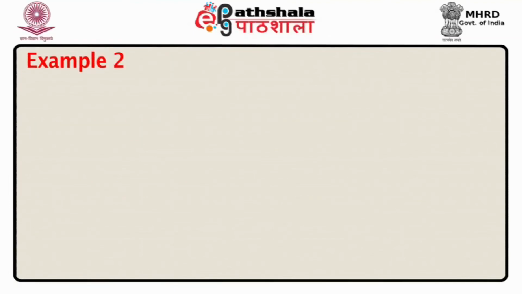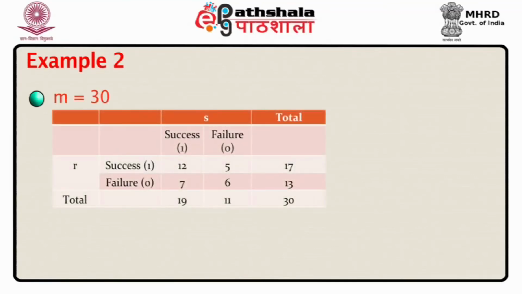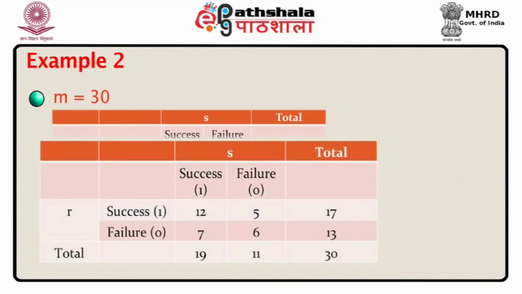Let's look at another example. In this case, we take again M equal to 30. We have the same table here, but instead of presence or absence, we are looking at variables which are of the success failure type. Again, the same sort of table, but in this case, you see the interpretation is slightly different.